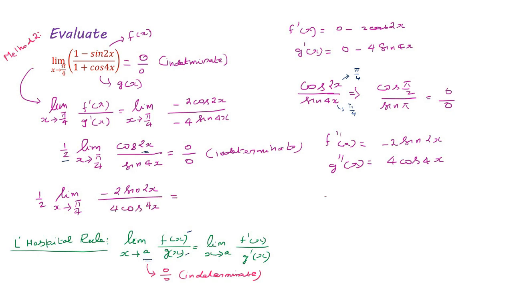Now you substitute x as pi by 4. You can now check. Sin pi by 2 is 1. Cos pi is minus 1. Therefore minus 2 by minus 4, which is half.